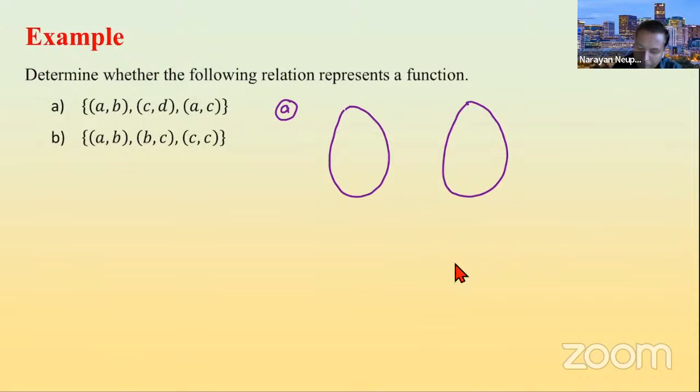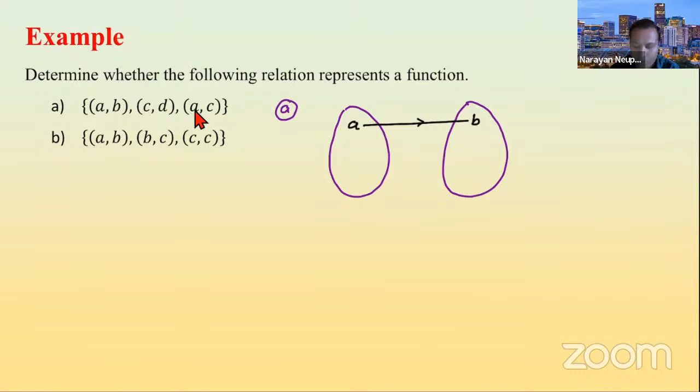Now, look at the screen. Here we have A comma B. That means if the input value is A, the output value is B. A is mapped to B. So for this A, there is the image B, or output B.